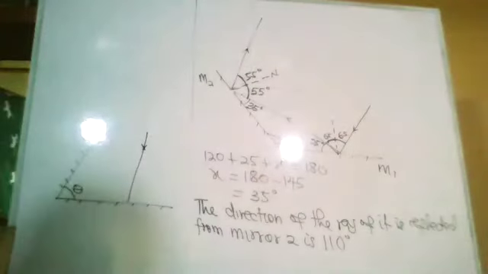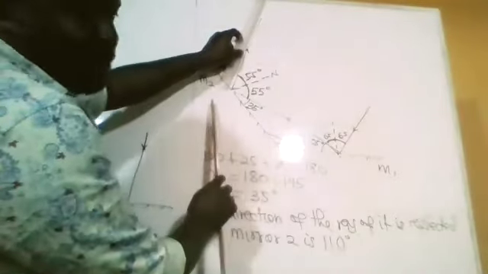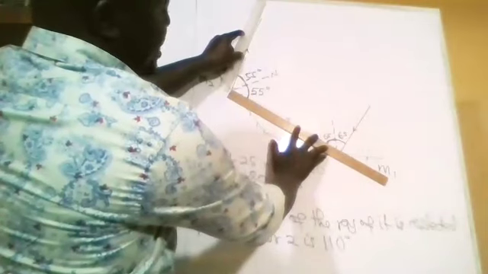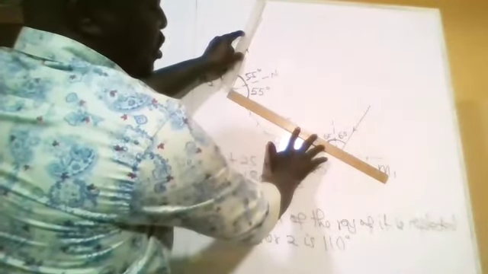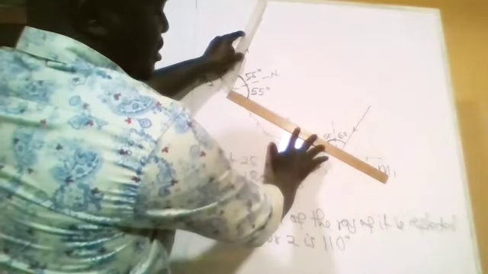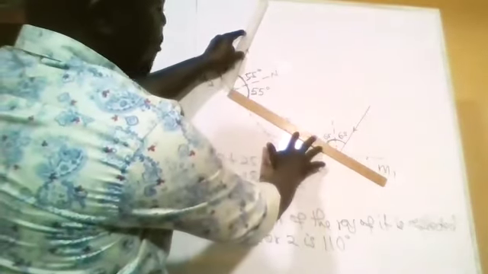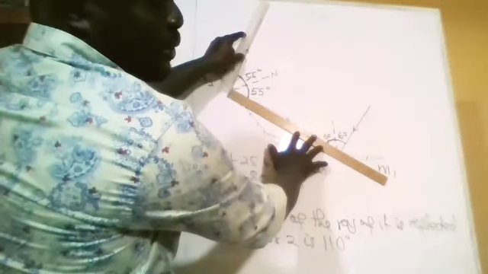So Mamiya, every angular measurement has its reference. This is the reflection after intersection with this. Where is the incident? This is it. So the point of reference for measuring the reflected ray is the incident ray from mirror 1.